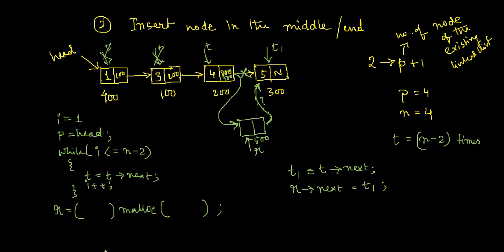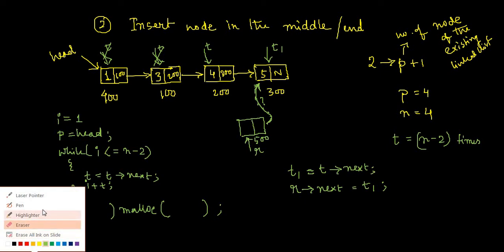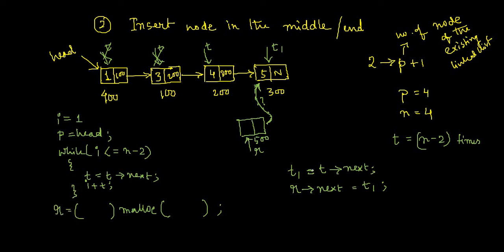You see, till now I forgot to delete here. This connection is not established till now, at least according to the first two lines. I have written T1 equal to T next. That means this newly created pointer is pointing to this node. Then R next equal to T1.